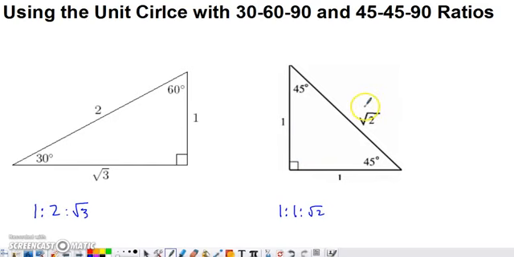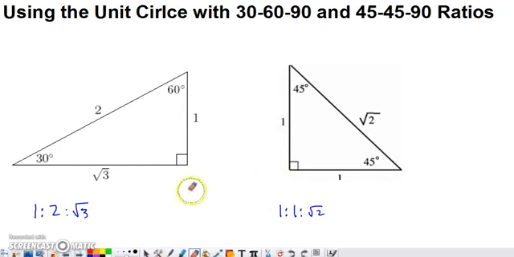And the hypotenuse, if you follow the Pythagorean theorem, is always going to be square root of 2. Similarly, if this was supposed to be of length 5, we just multiply all 3 of these values by 5, and we'd have the lengths of a slightly bigger 45, 45, 90 triangle.